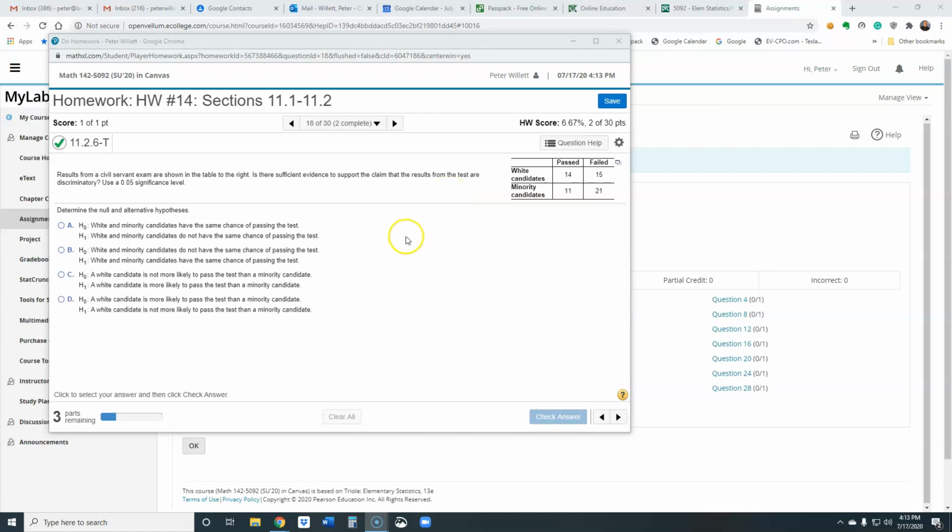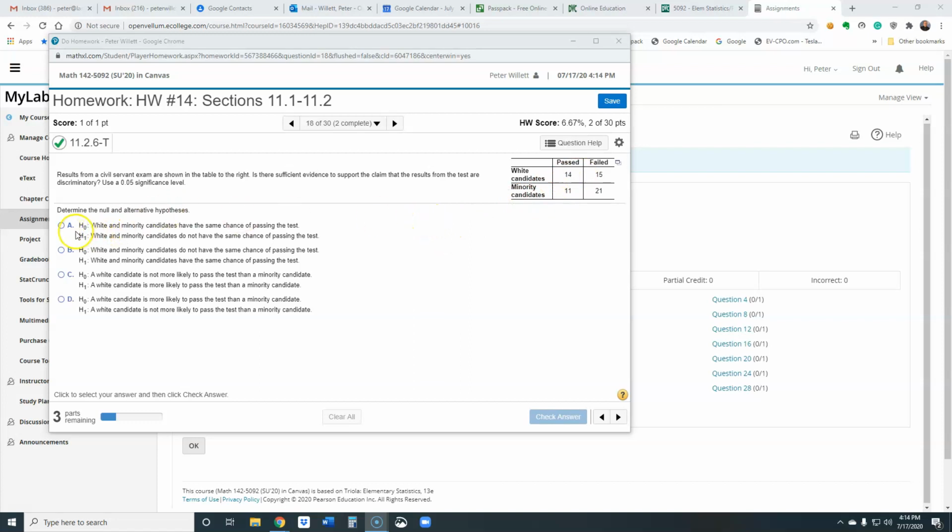So when we are setting up a hypothesis test to see if these results were dependent, it is always the null hypothesis that they are independent from each other, meaning they have the same pass rate, independent of whether you're white or a minority. And the alternate hypothesis will be that there's dependency, that they're somehow dependent on each other.